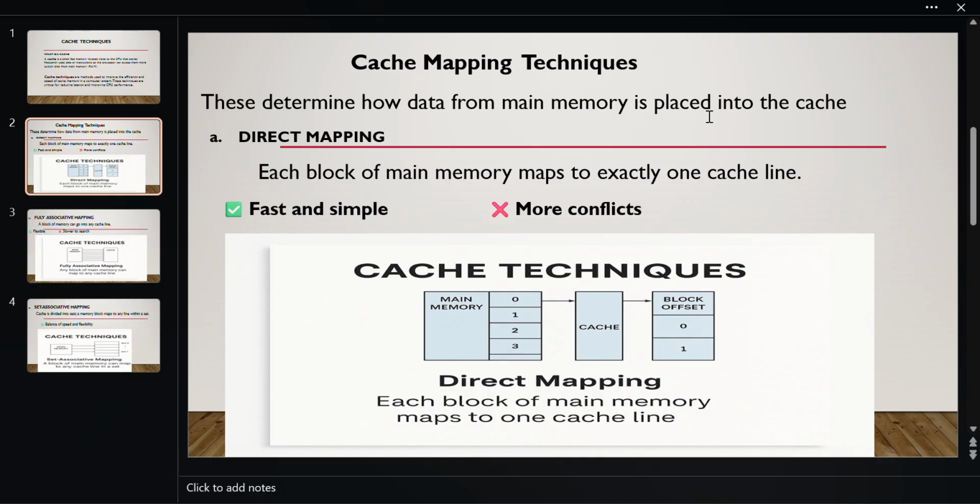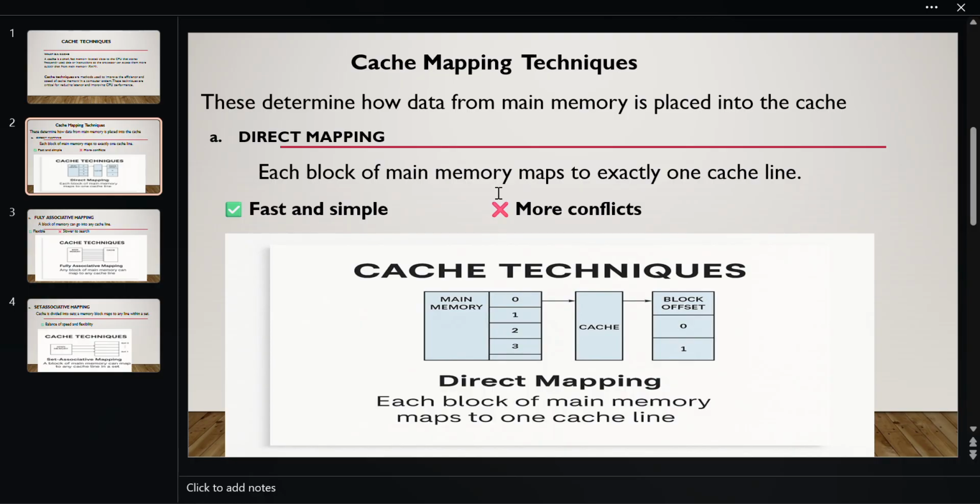A block of memory refers to a fixed-size chunk of data that can be transferred to and from the cache.